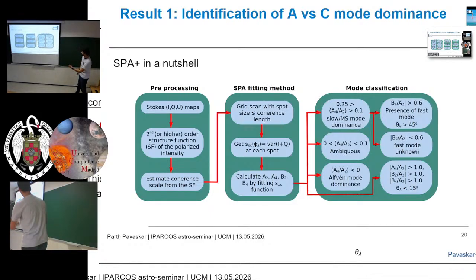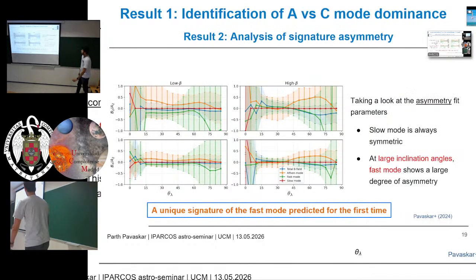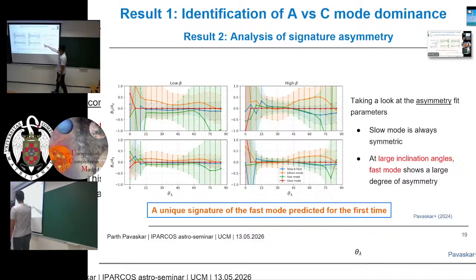And I didn't explain before, but I'll go back a slide. One thing that you will see is that not only are the fast mode error bars really large, but they're also only large at large inclination angles.